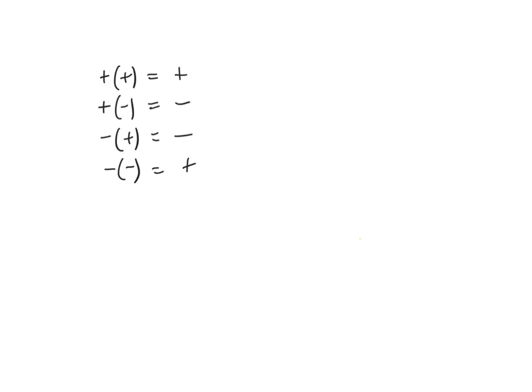If we had negative 6 times 11, we have a negative times a positive, so I know that my product will be a negative, and then all I have to do is 6 times 11, which is 66. And so I'm done. So decide on your sign, and then just do your multiplication as you normally would.